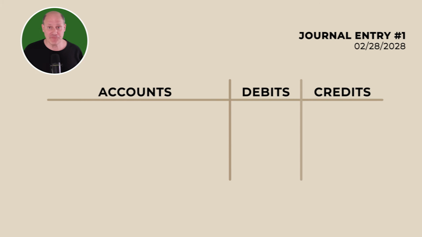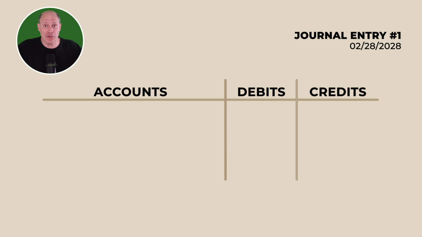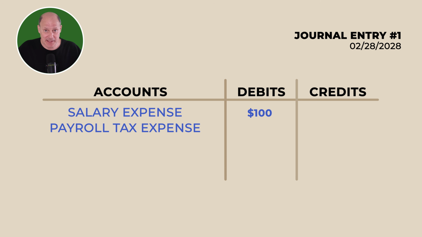So at the moment we pay one worker one check where the gross pay is $100 and it's the days before the computer, we would record this in the general journal. First, we would have to record the gross pay as salary expense, and that would be recorded in the debit column for $100. Then we'd have to record the payroll tax as payroll tax expense, and that amount would be recorded in this example as $5.